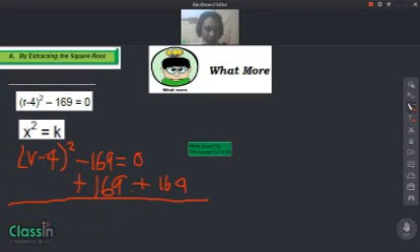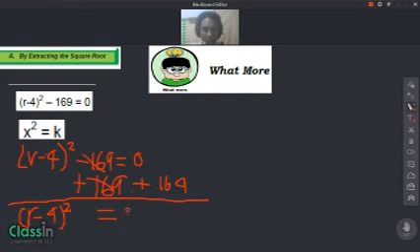So this will become r minus 4 squared. Negative 169 and positive 169 are cancelled. It is now 0, and 0 plus 169 equals 169.